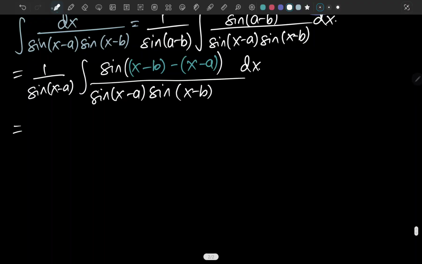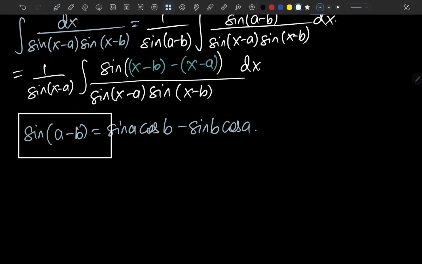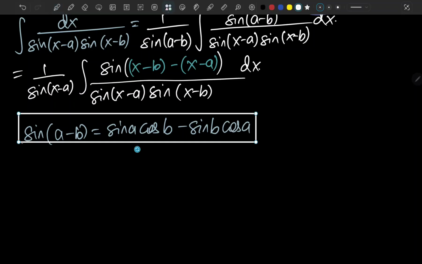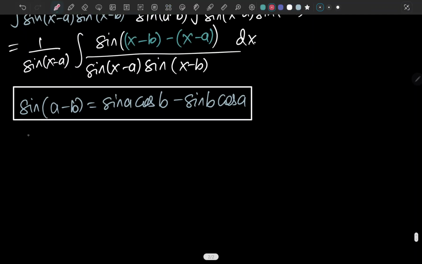Let's use the formula for sine of a minus b, and I would write this down for you. Sine of a minus b is sine a cosine b minus sine b cosine a. Again, in a box for you all, because it's important to memorize it every time.